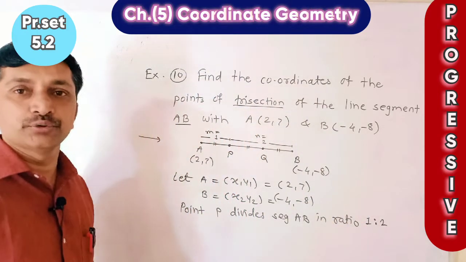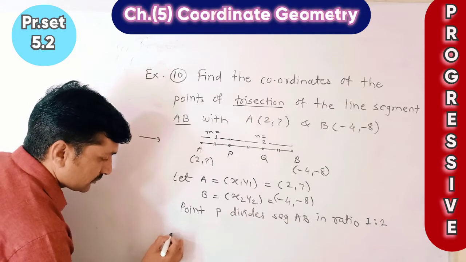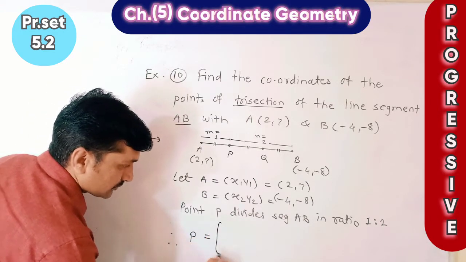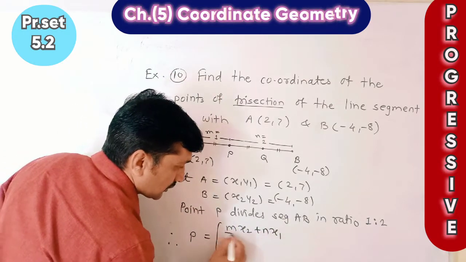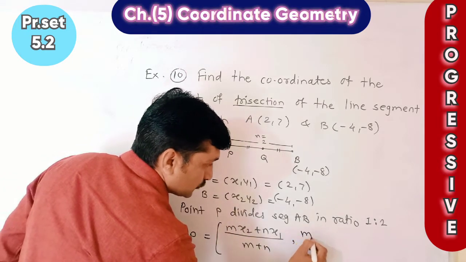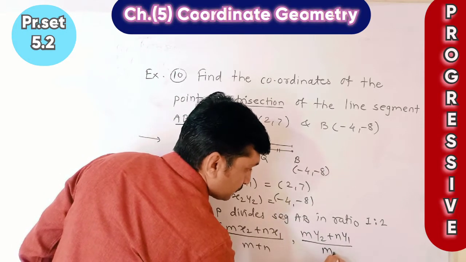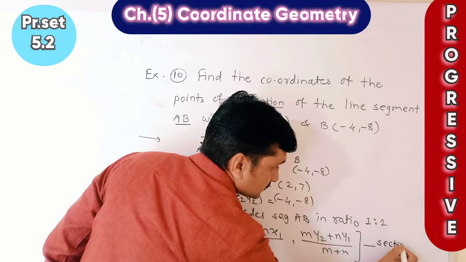This is the m:n value. By the section formula, P is equal to ((mx2 plus nx1) upon (m plus n), (my2 plus ny1) upon (m plus n)). This is the section formula.